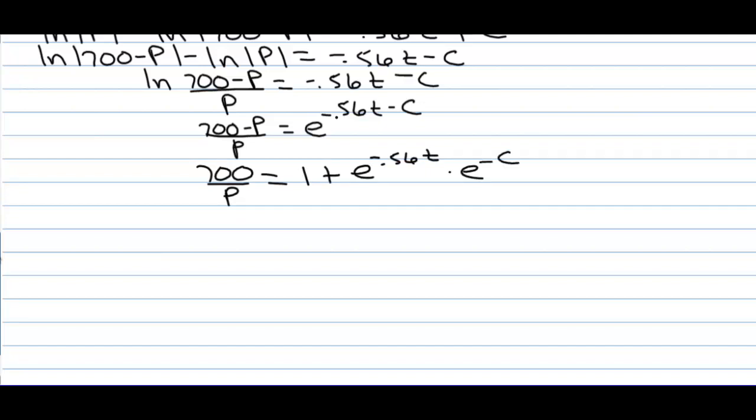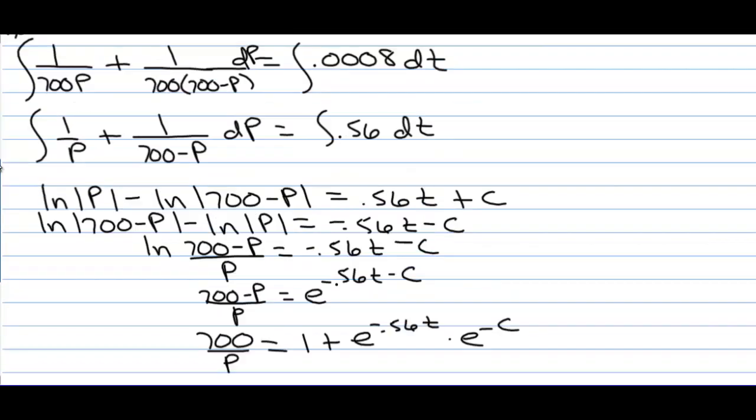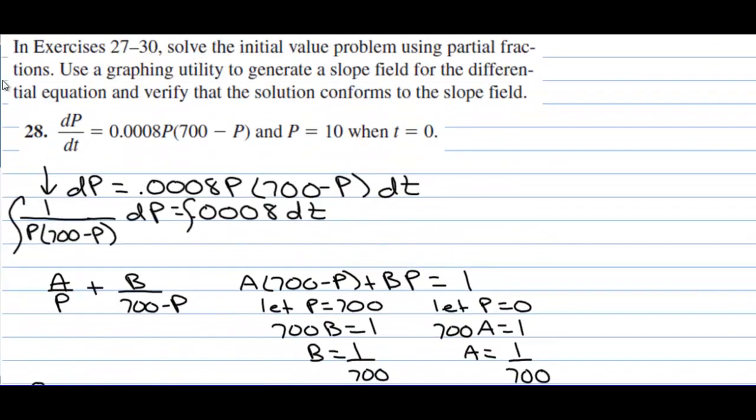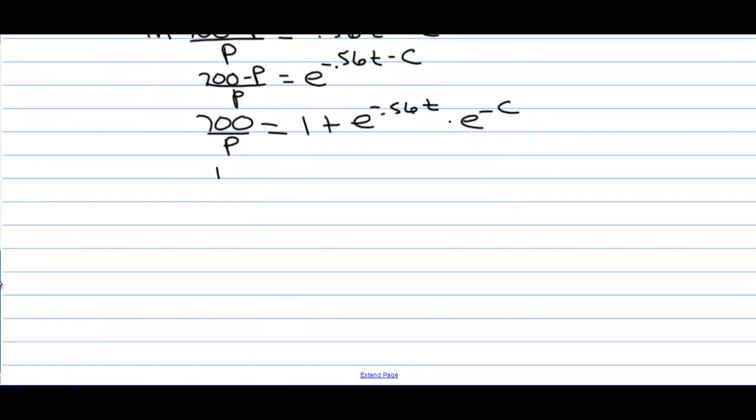And here's where we introduce the point that we were given, and that is P equals 10 when t equals 0. We have 70 is equal to 1 plus e to the 0 is going to be 1, and then we'll have plus e to the -c.